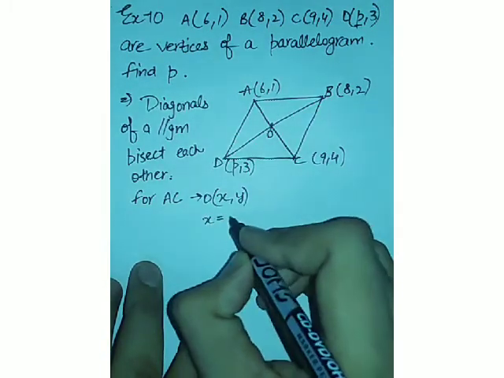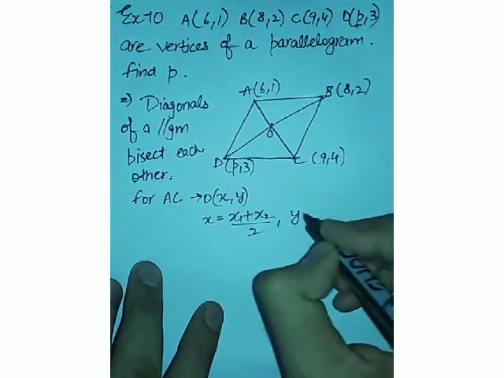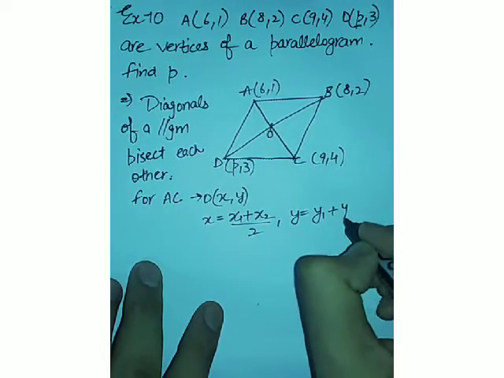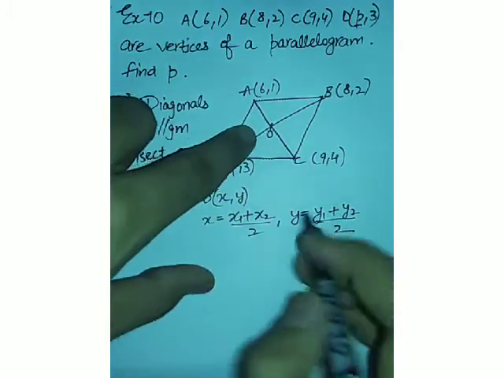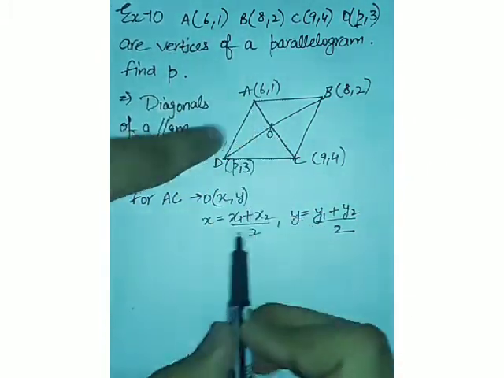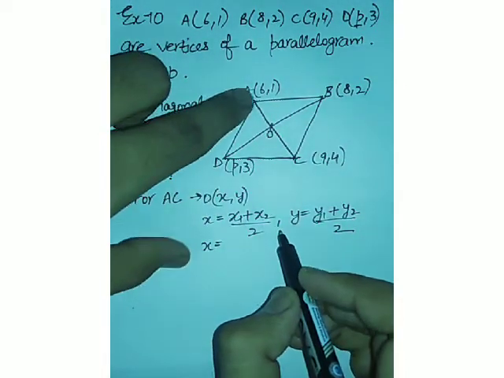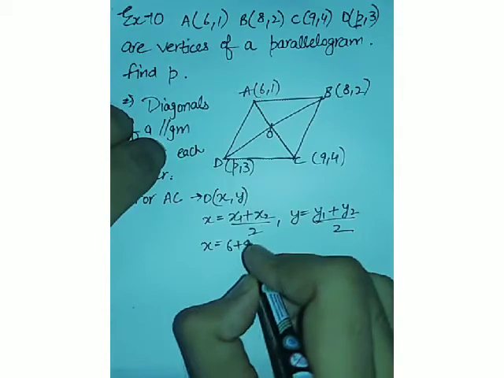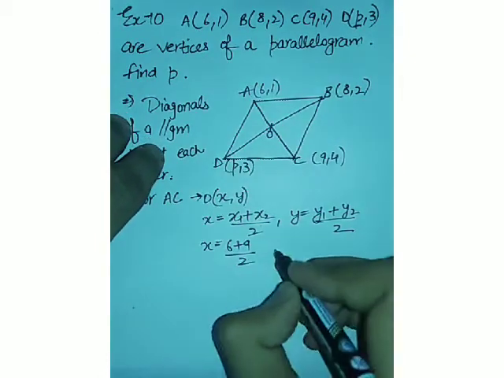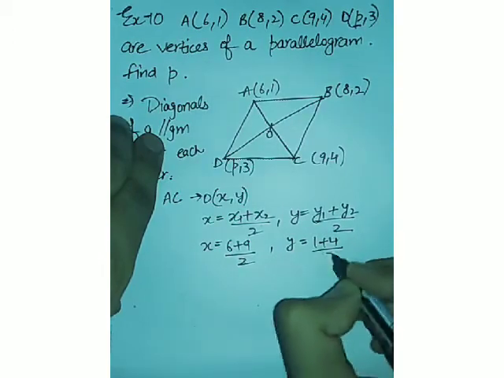Now, how to apply the midpoint formula? X is equal to x1 plus x2 upon 2. Y is equal to y1 plus y2 upon 2. It means the coordinate of O for AC will be x equal to x1 plus x2, that is 6 plus 9 upon 2, and for y it will be 1 plus 4 upon 2.